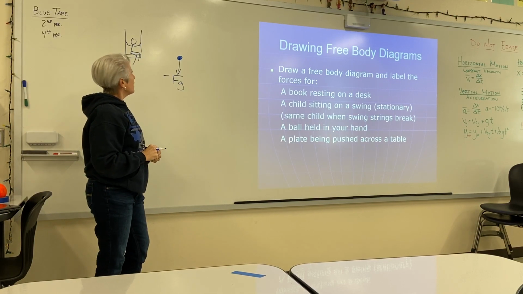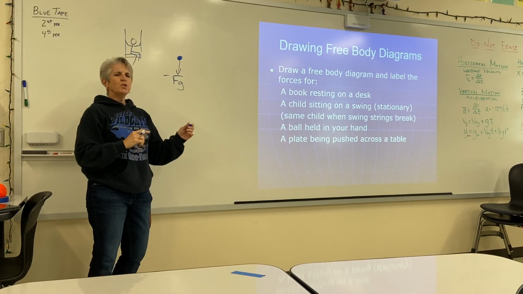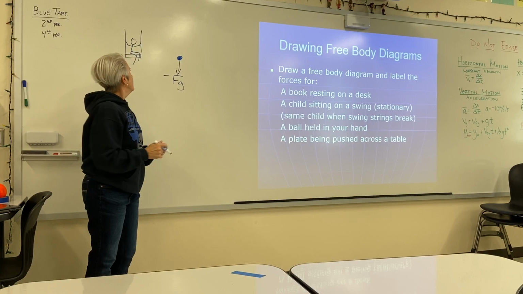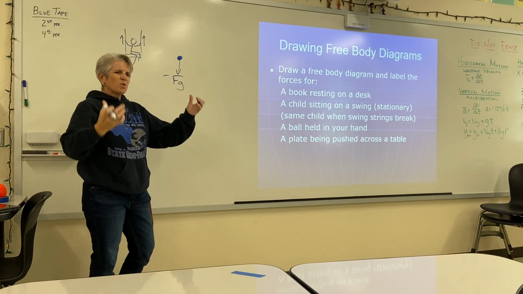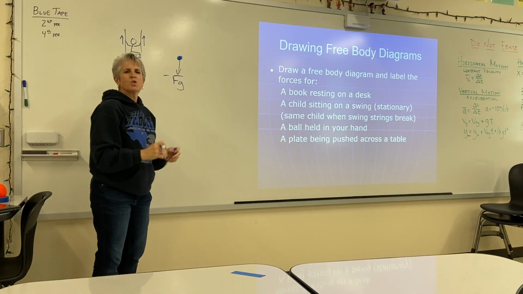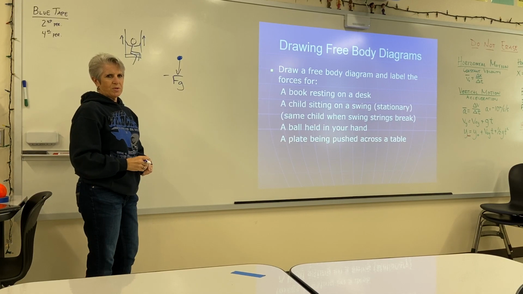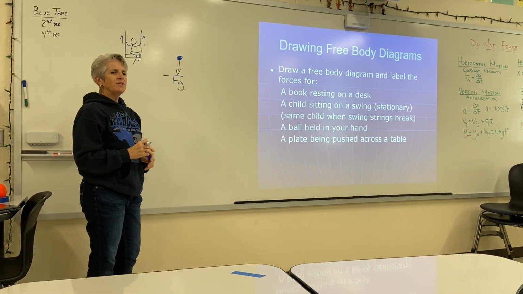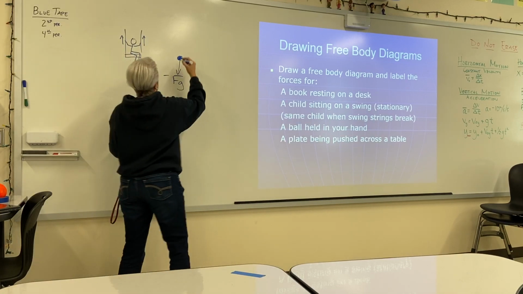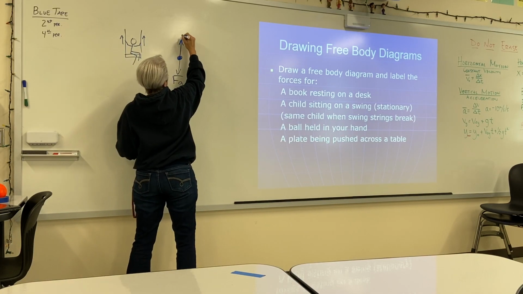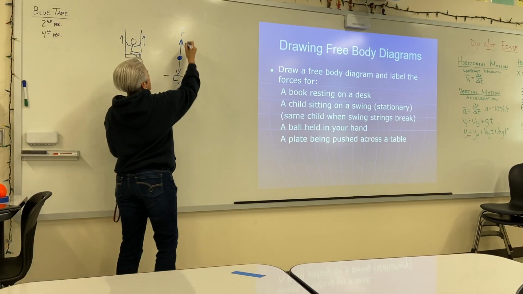And then we have something holding the child up. In this case, it's not really a normal force holding it up. We have some strings or ropes or chains holding the swing up. So we're not going to draw two arrows to represent those. We're going to combine them into one. If this is rope holding the swing, then this up force would be the force of the ropes.